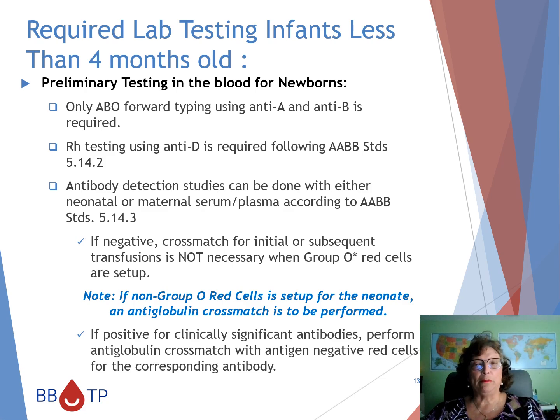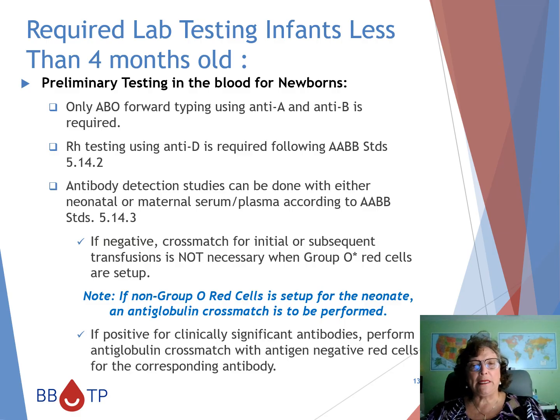If it is negative, then a cross-match for the initial or subsequent transfusions is not necessary as long as group O red cells are set up. So if a situation arises where, like a directed unit, non-group O red cells are set up for the baby, then you do have to perform an antiglobulin cross-match on that product.